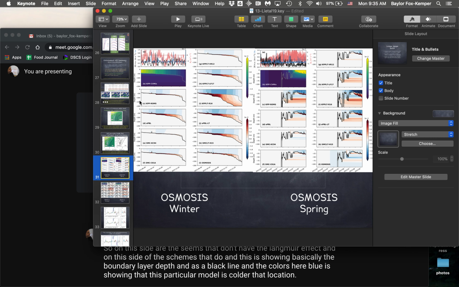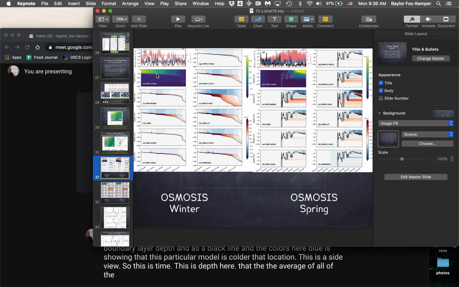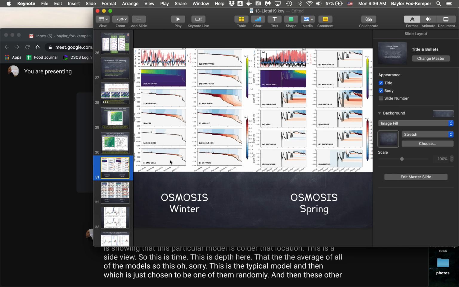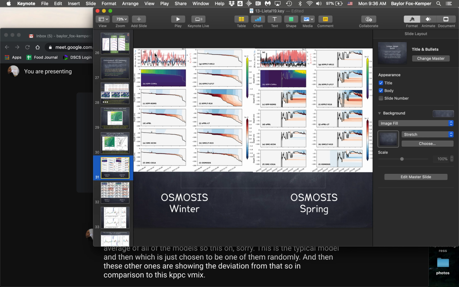This is a side view, so this is time, this is depth. Here's the average of all of the models. This is the typical model, which is just chosen to be one of them randomly. And then these other ones are showing the deviation from that, in comparison to this KPP CVMix scheme.